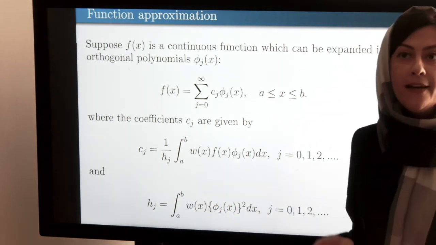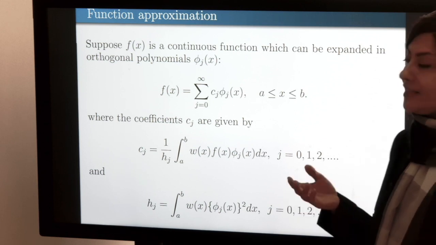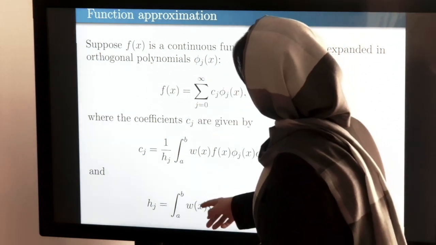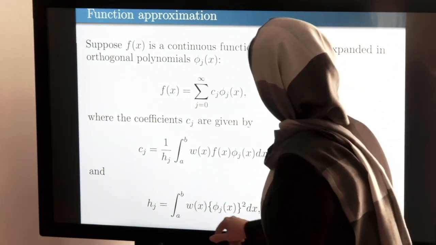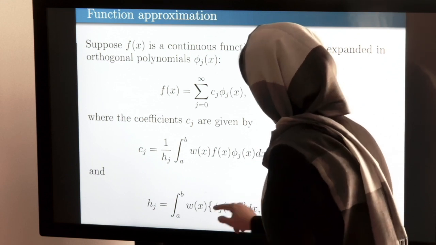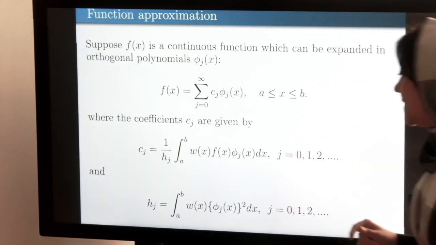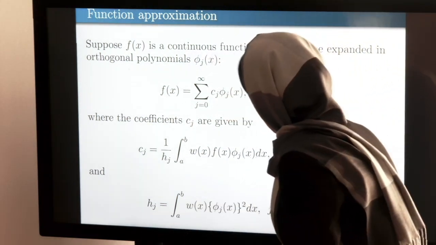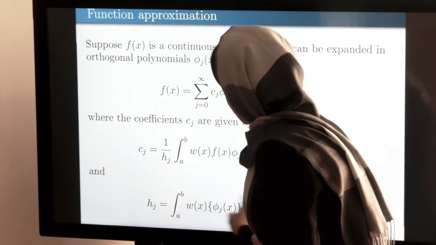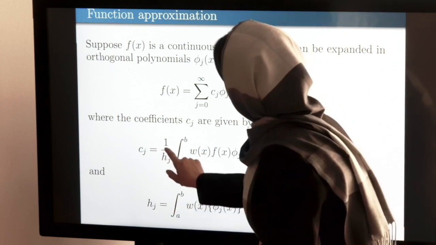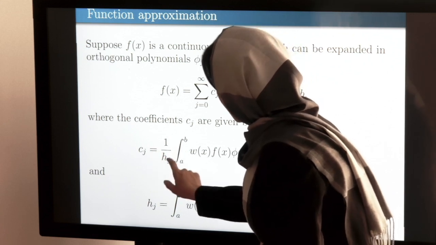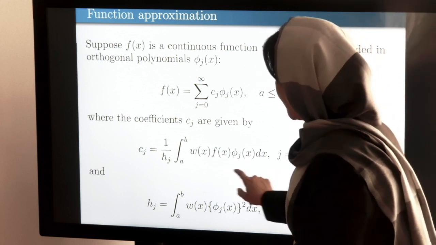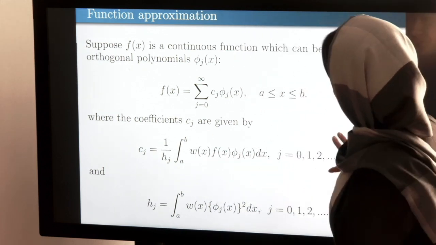For example, we know that the weight function of Hermite polynomials is e to the minus x squared, for Laguerre polynomials it is e to the minus x, and so on for other classic polynomials, times phi j of x squared. And h j is from this equation, and c j is equal to this part times this integral of f of x times phi j of x, and here the weight function.